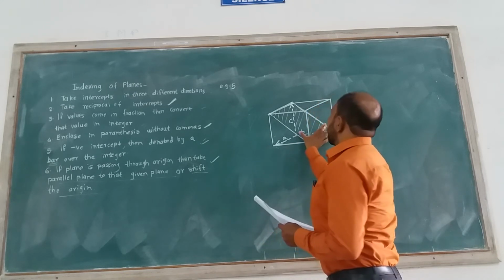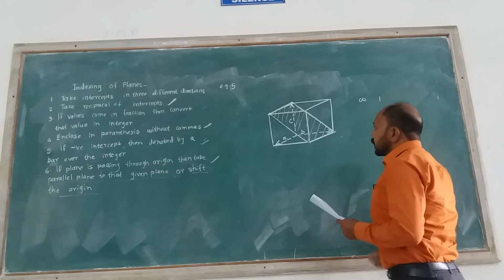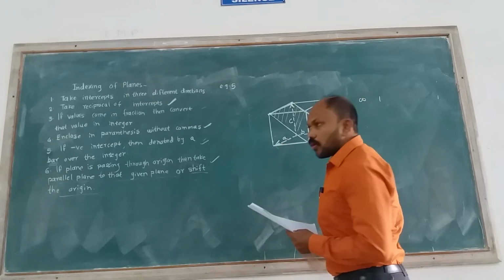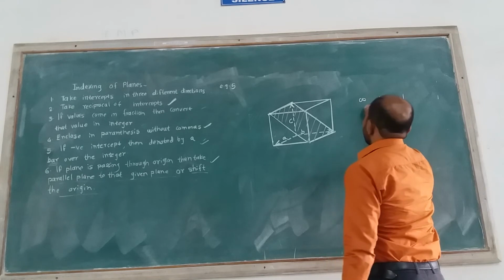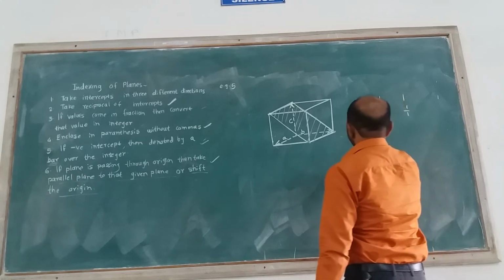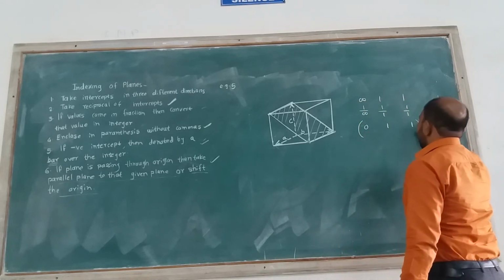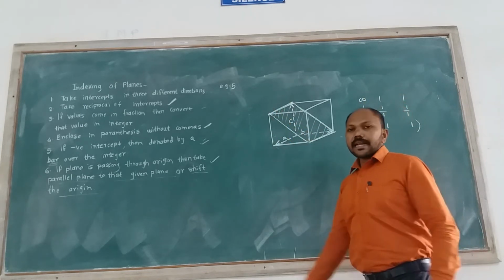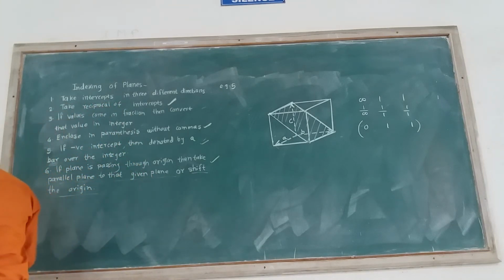If we consider b, yes, the b distance is required, and it is in the positive direction, so this is 1. If we consider c, the c distance is also required, also in the positive direction, so we take this as 1. If we consider the reciprocals, 1 upon infinity, 1 upon 1, 1 upon 1, so 0, 1, 1. Take these values in parentheses. So (0 1 1) is the representation for this inclined plane. And now let us see one more example.